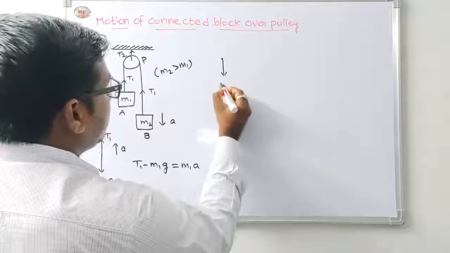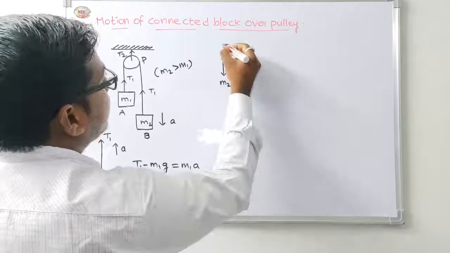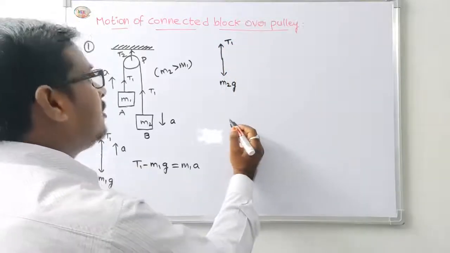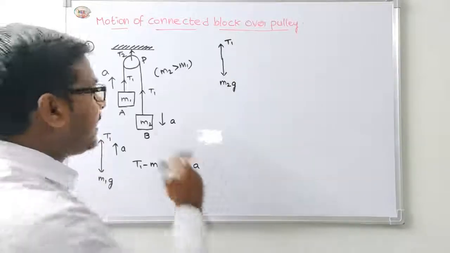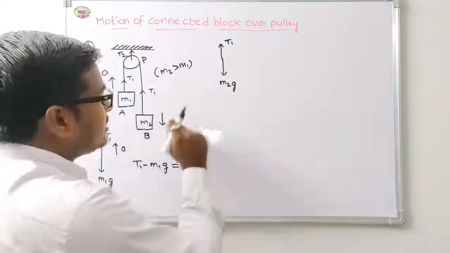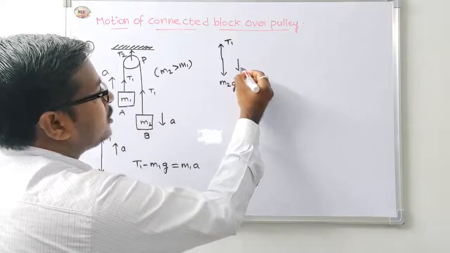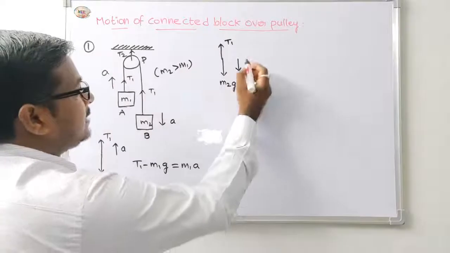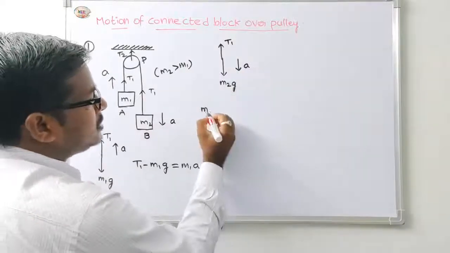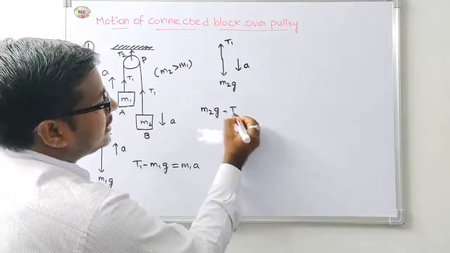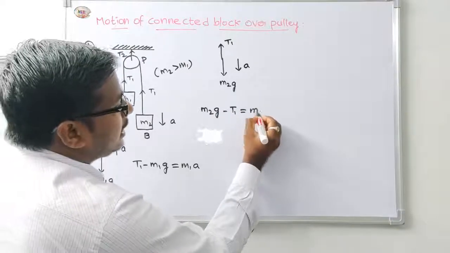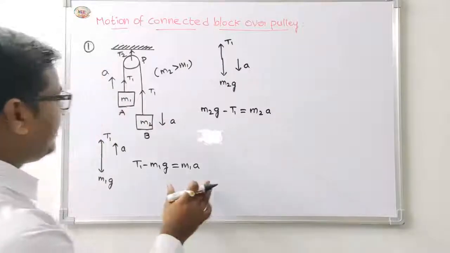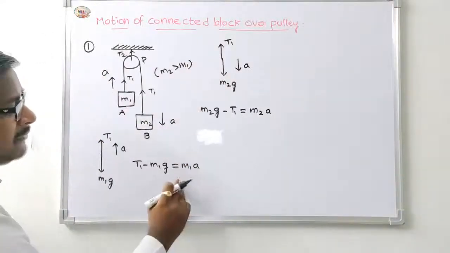M2G is acting downward, T1 is acting upward along the string, and acceleration is acting downward because the M2 block is greater than the M1 block. So write the equation: M2G minus T1 is equal to M2A. Then find the acceleration by using these two equations.